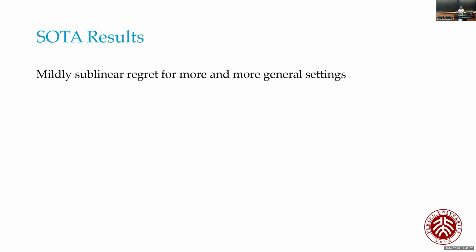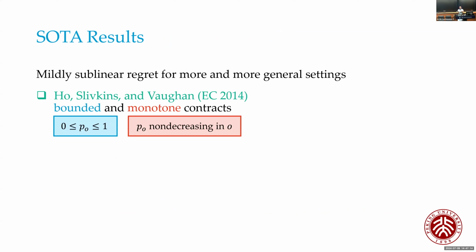So in the literature, there have been mildly sublinear regret results for more and more general settings. Back in 2014, Holmstrom, Livkins, and Vaughan focused on bounded and monotone contracts. Here, bounded means that we always pay agents a value between 0 and 1.